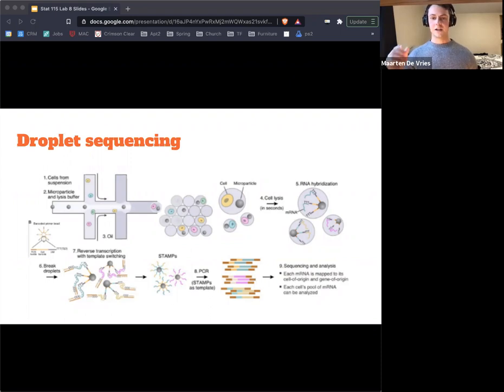And then there's the UMI, or the unique molecular identifier, which is important for normalization later on, because you can see in step 7, we are reverse transcribing the complementary DNA strand, which we then amplify using PCR. And we know that there is a PCR bias, which will amplify certain molecules more than others. I think it's called GC bias. So that's why you want that UMI, so that you can later normalize that.